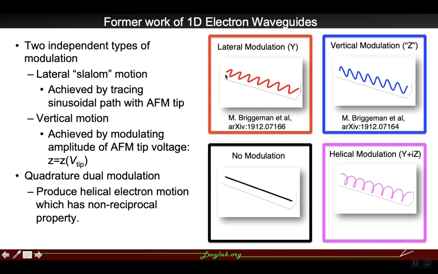We can trace this path by using a formula during our writing. For the vertical modulation, we can achieve it by giving different amplitudes of the voltage. If we combine these two, we get the helical modulation. For this, it should have non-reciprocal properties. We will talk about it later.